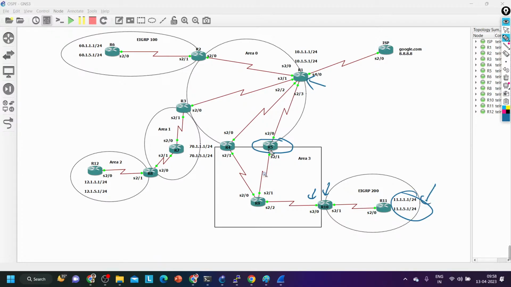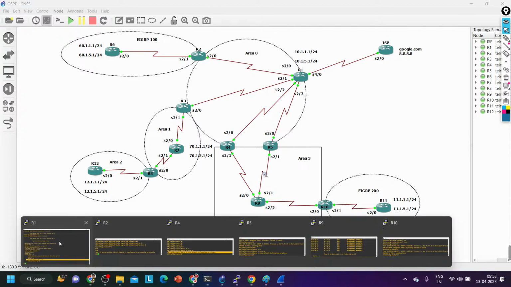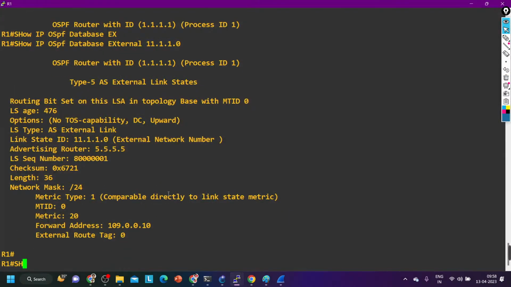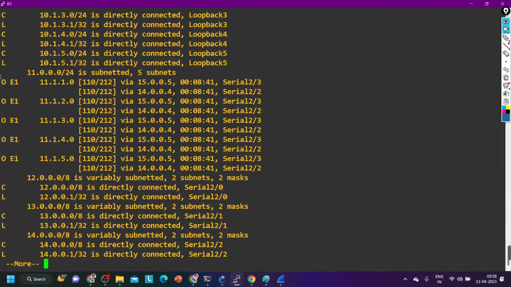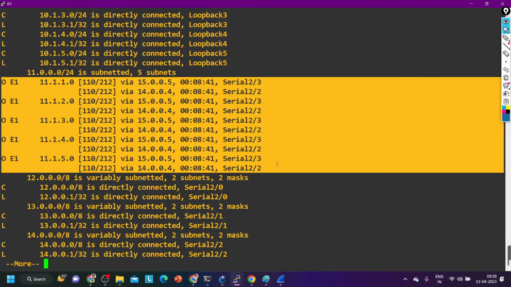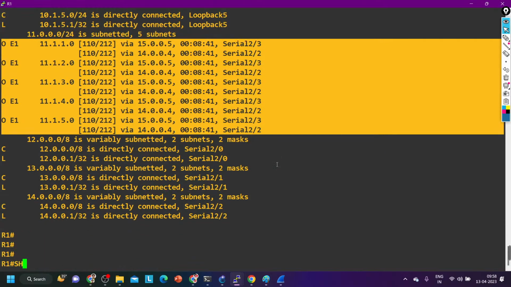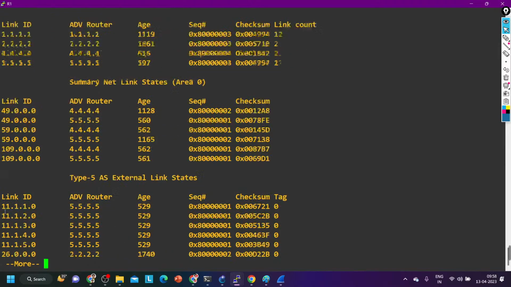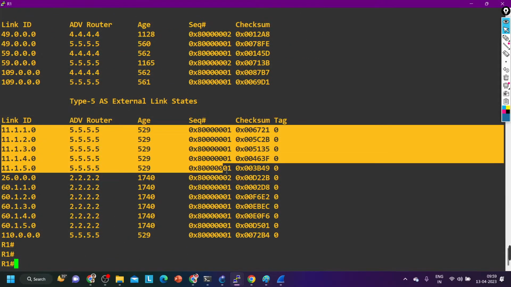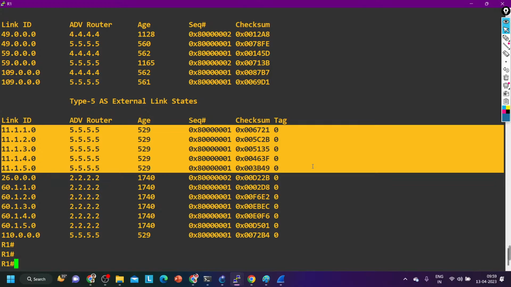this network is 5.5.5.5. But in the routing table on router number 1, there will be two paths. See, on router number 1, so IP route 11. How many paths are there, guys? 2. But in the database, so IP OSPF database, you can see router 1 is getting these prefixes from router number 5 only.